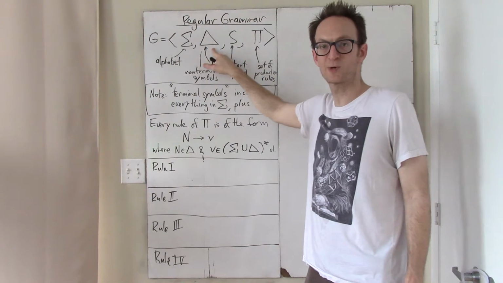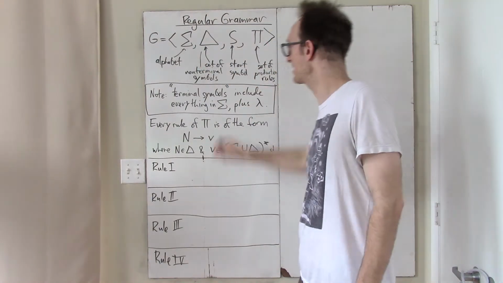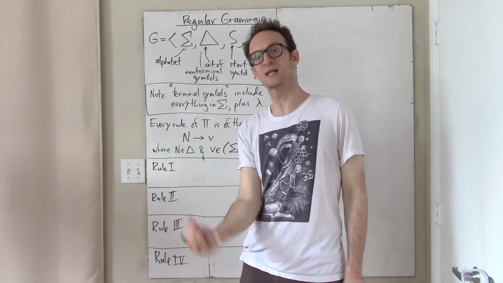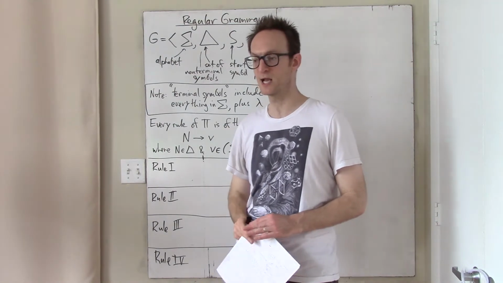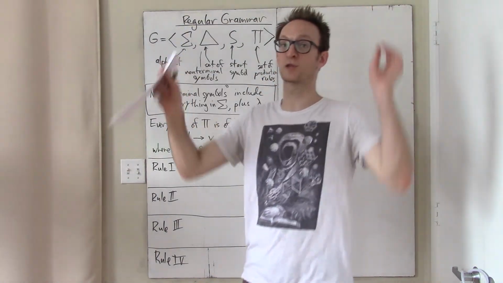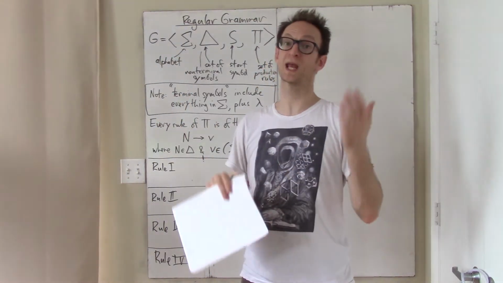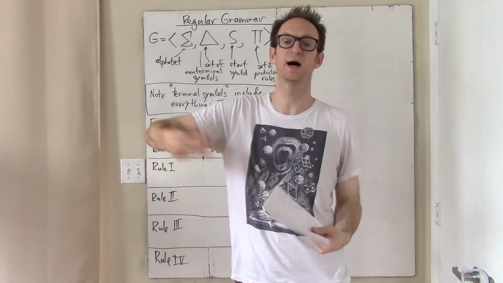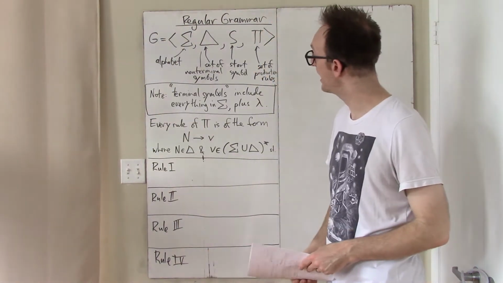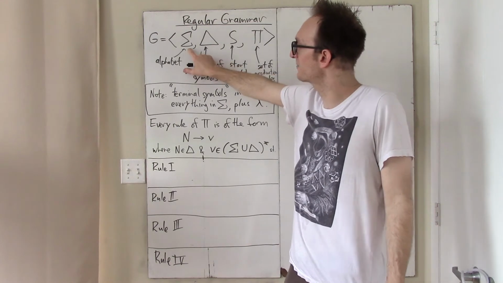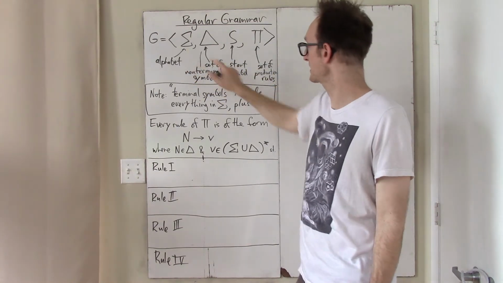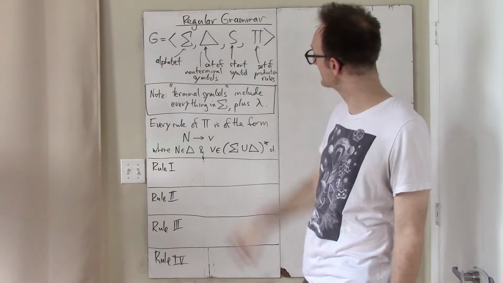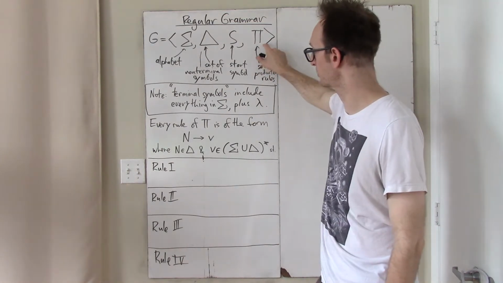Okay, and Gossett, this is where Gossett essentially starts his lesson, but I think now we have a very good intuitive sense of what a non-terminal symbol is. They're the theoretical symbols that we've created to aid us in expressing the grammar. Whereas the alphabet is the set of, well, I'll get to that in a second. There's a start symbol, which is just S, and then there's a set of production rules.